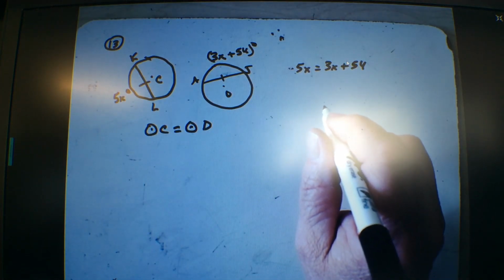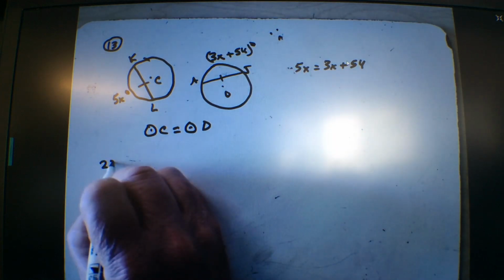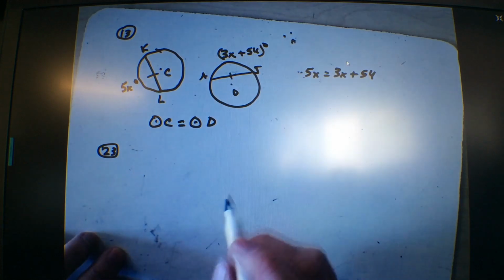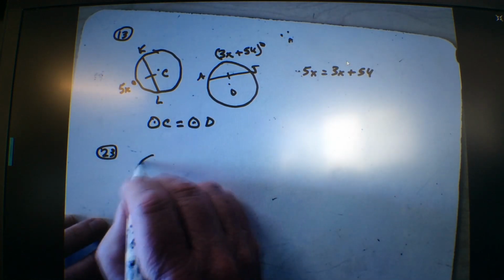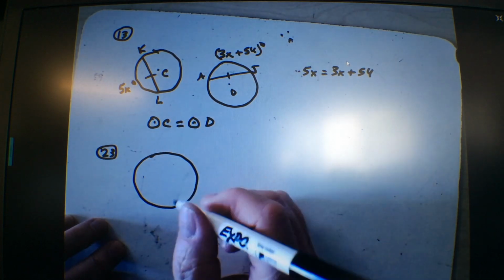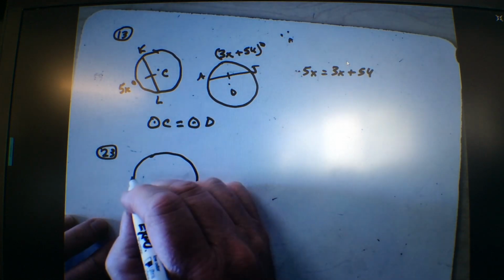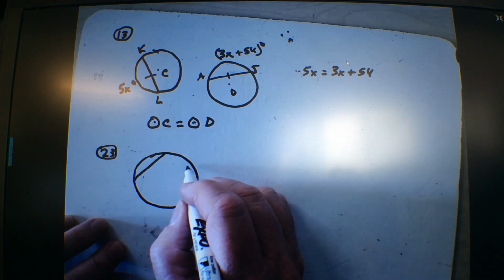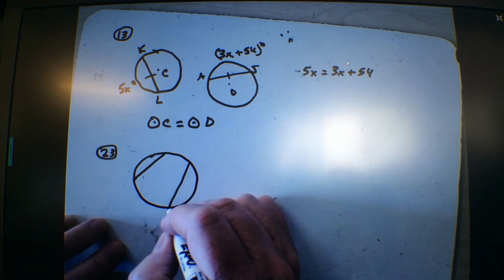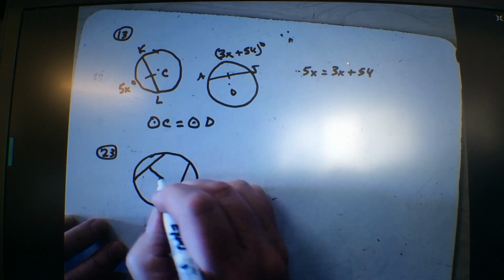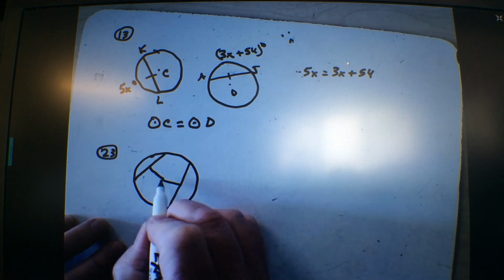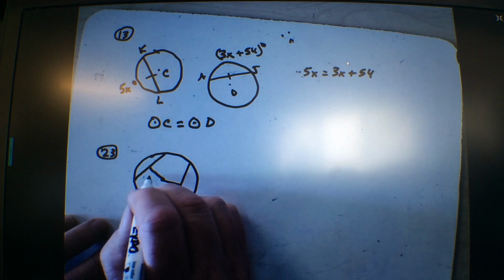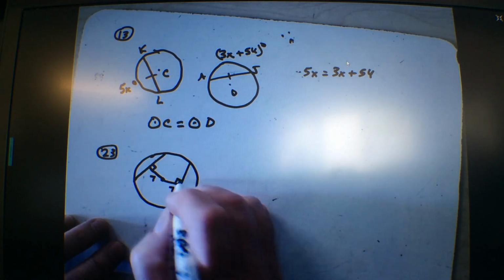All right, let's take a look at 23 then, which is on page 666. I'm going to draw one picture. I'm going to try to make the circle a little bit bigger. These two chords are the same distance away from the center. I know my picture is not very good, but it says that this is 7 and this is 7, and these are perpendicular bisectors.